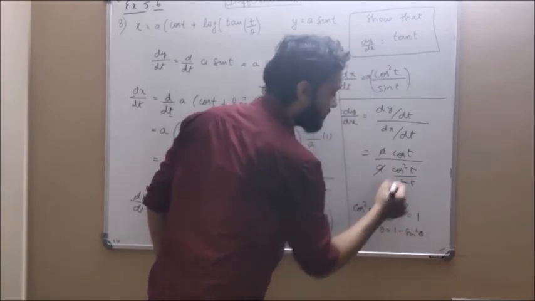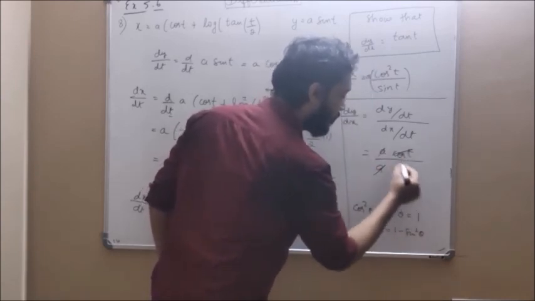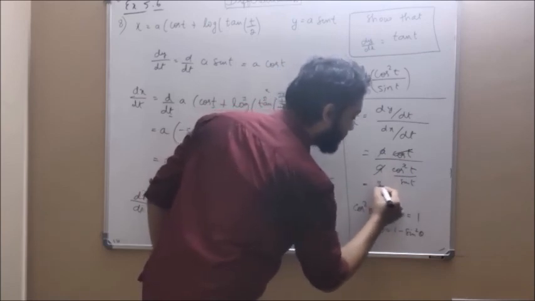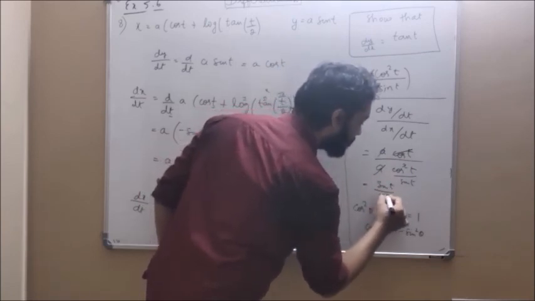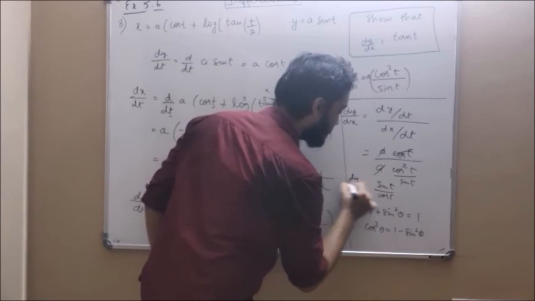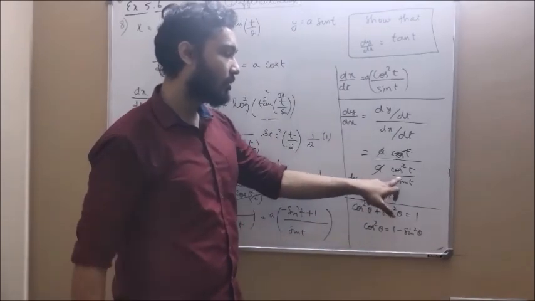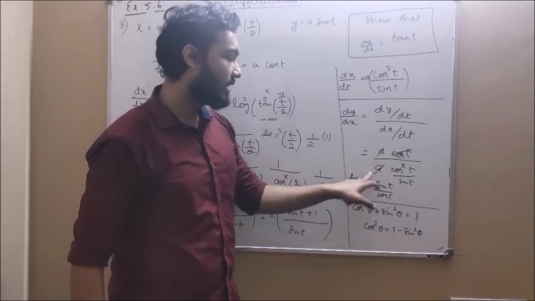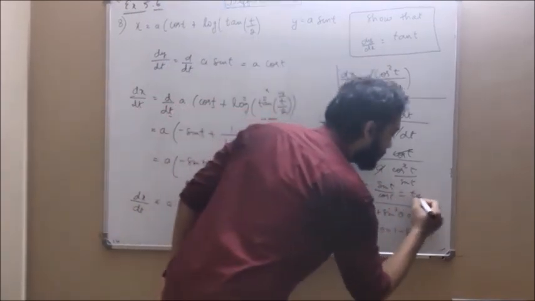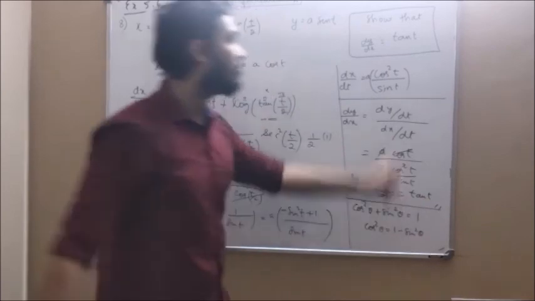So a and a cancel, and one cos and one cos cancel. When you take the reciprocal, sin t goes up. So dy by dx is sin t by cos t, which is nothing but tan t. So this is what we wanted.